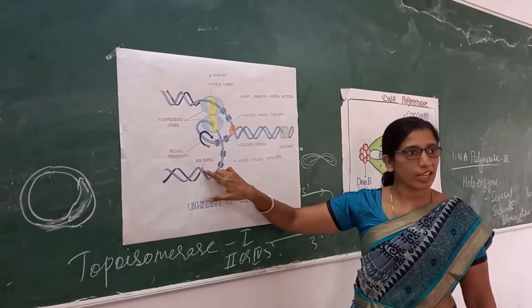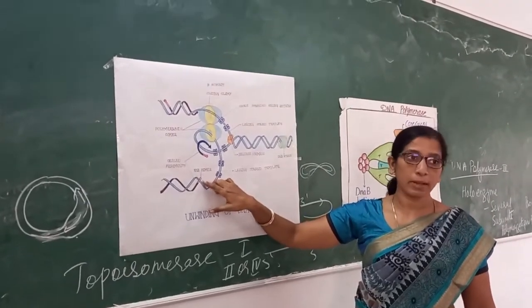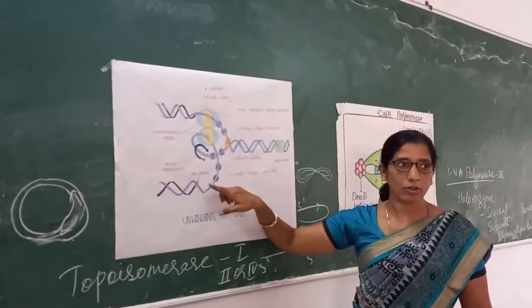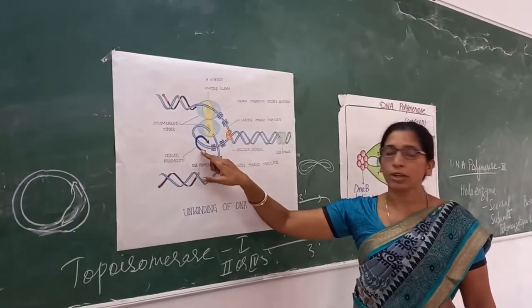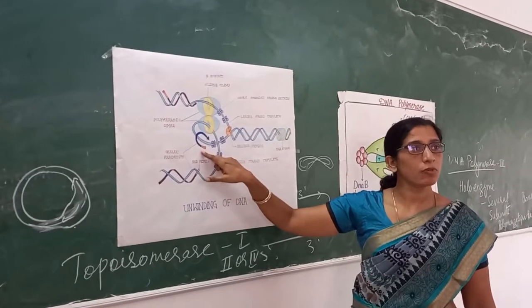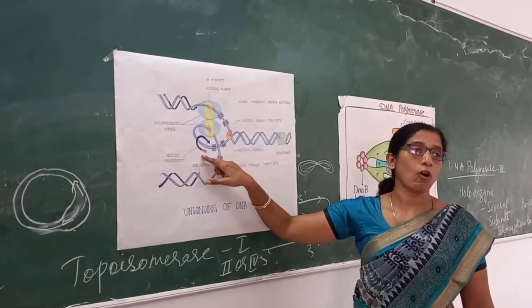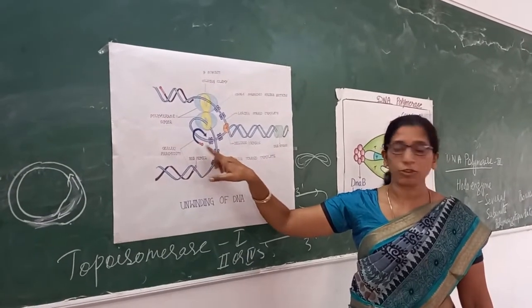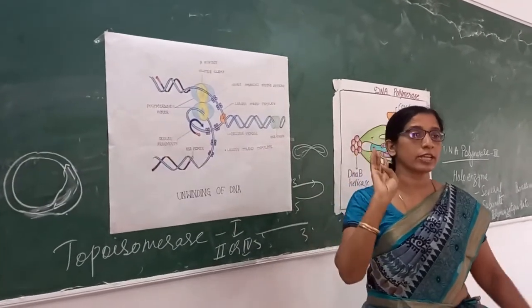So here you see that there are several RNA primers, but this is the DNA strand, not an RNA strand, so they should be removed. That is removed by DNA polymerase 1. I told you DNA polymerase has three activities.